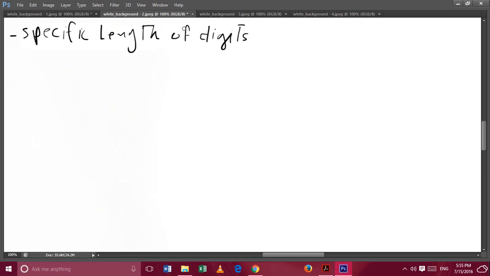The excess notation comes with a specific length of digits, and that means we can have a 3 bits excess notation, based on 3 digits, the entire system.